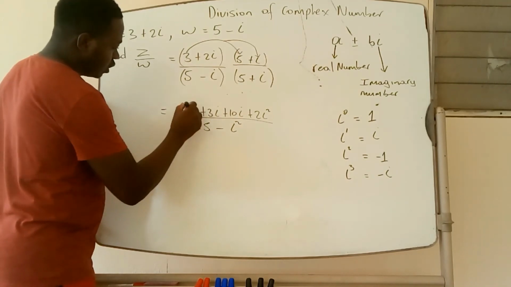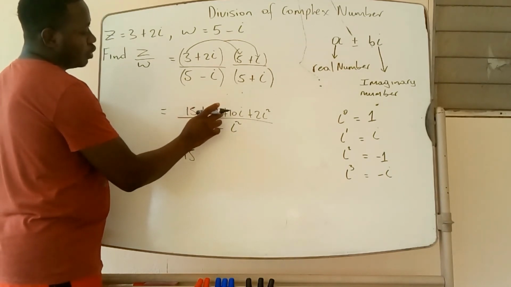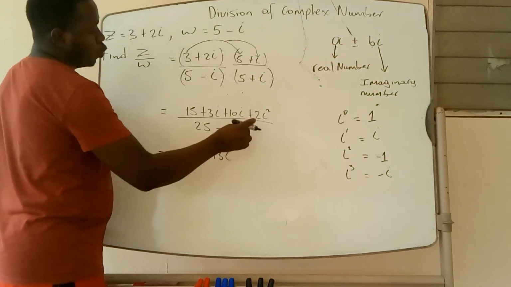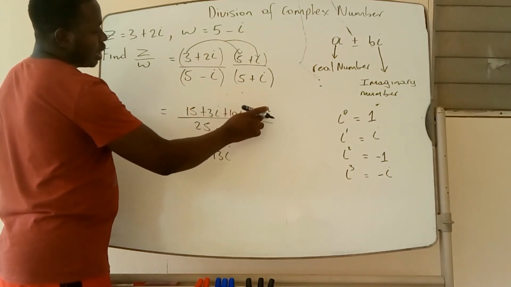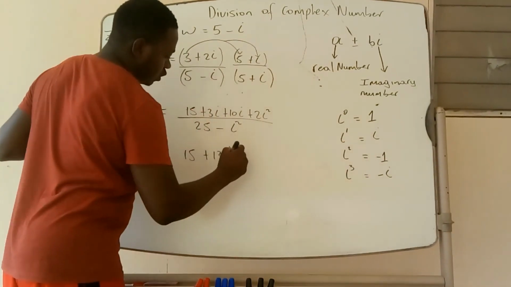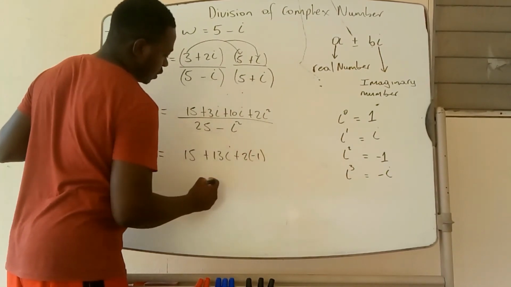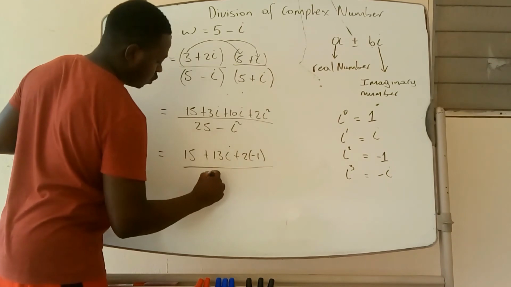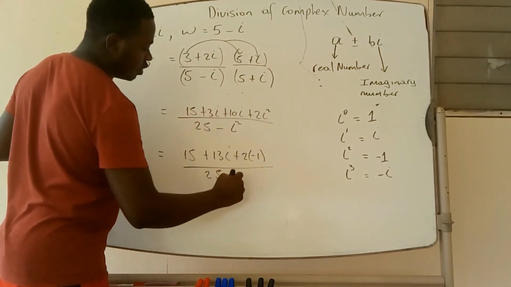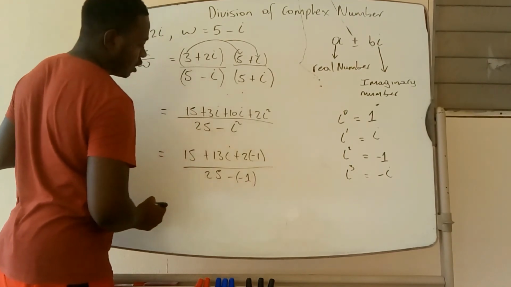Now, we can group the like terms, right? So we know that here we're going to have 15. We can group 3i plus 10i, and that's going to be plus 13i. We know that i squared is the same thing as negative 1. So this is just plus 2 times negative 1, all over 25 subtract i squared, and i squared is just negative 1. So this is just minus negative 1. Alright?